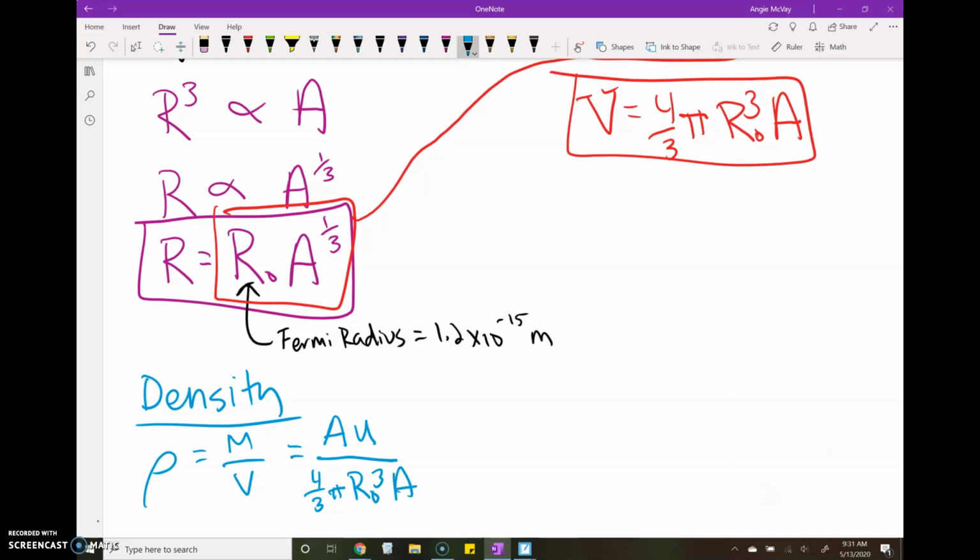Oh, hey, check that out. The mass number cancels. And what we notice is nuclear density is independent of the element.